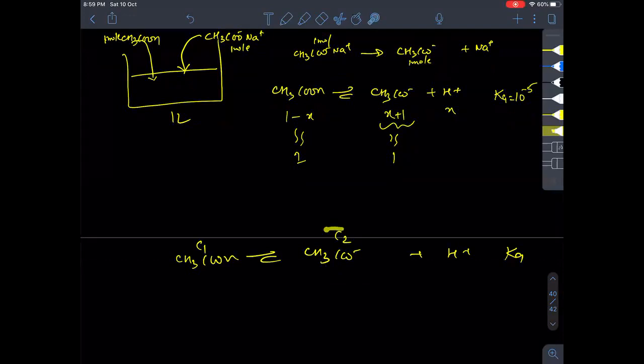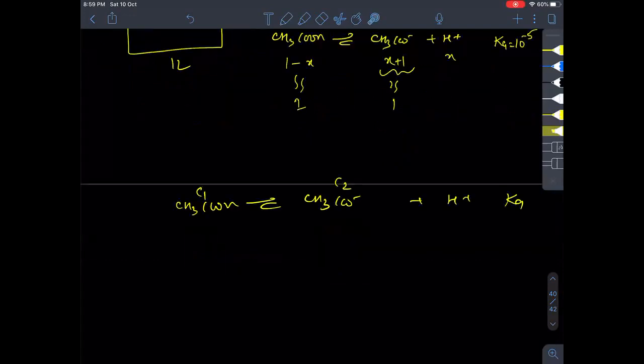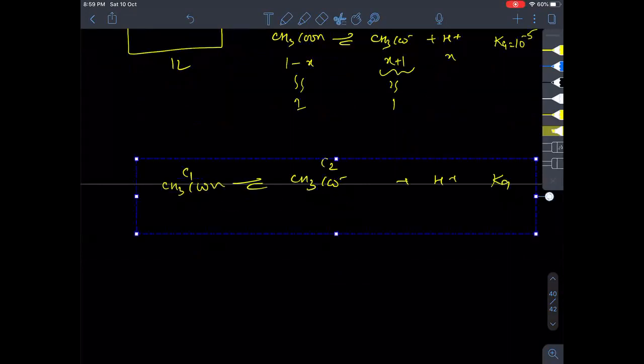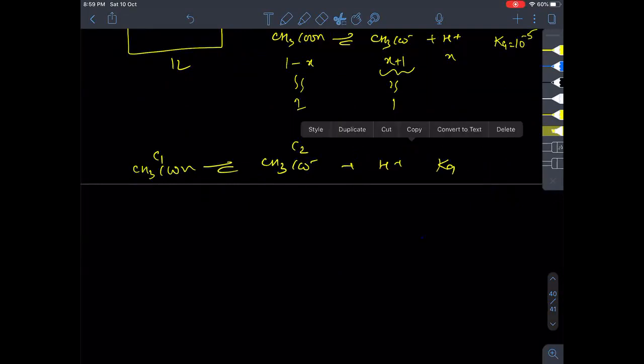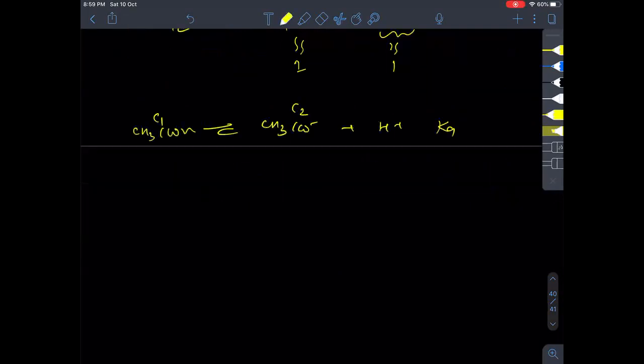Because C1 and C2 are considerably large and we cannot neglect either of them with respect to the other, what we are supposed to do is simply write the expression to calculate the pH. You tell me, the equilibrium constant at equilibrium can be expressed as the active mass of products over the active mass of reactants.